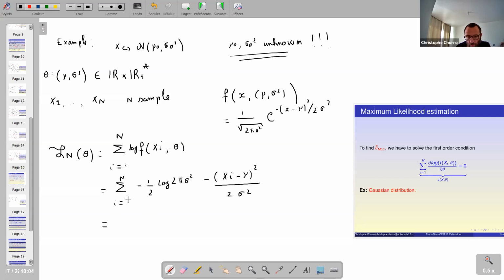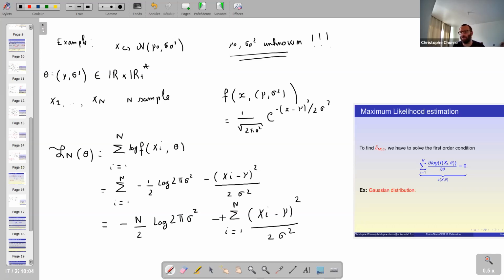Here you have a sum with n terms, but here I have constants, so I obtain minus n over 2 times the logarithm of 2 pi sigma squared, and then minus the sum from i equal to 1 to n of (x_i minus mu) squared over 2 sigma squared.